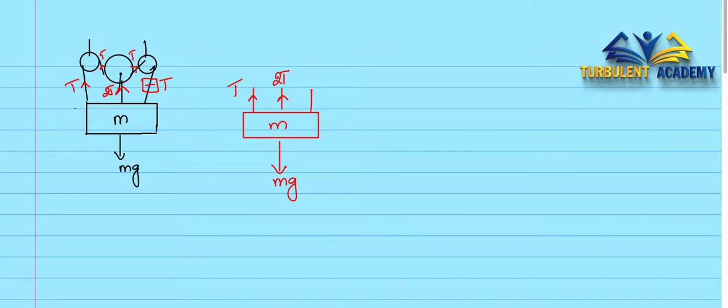And the next thing is the spring scale indicates T. So by the equilibrium condition, summation of vertical forces is equal to 0. So first is minus mg because it is going down. Okay, so plus T plus 2T plus T equal to 0.